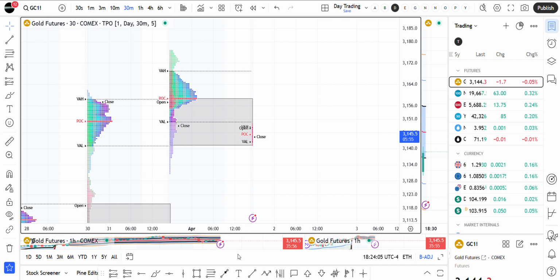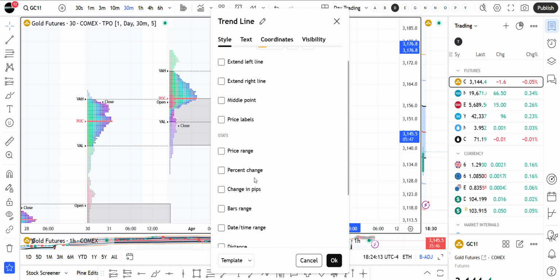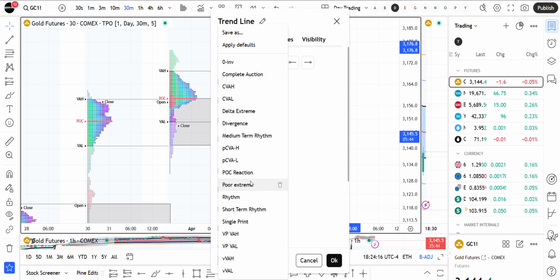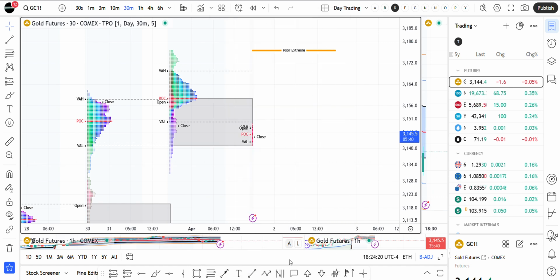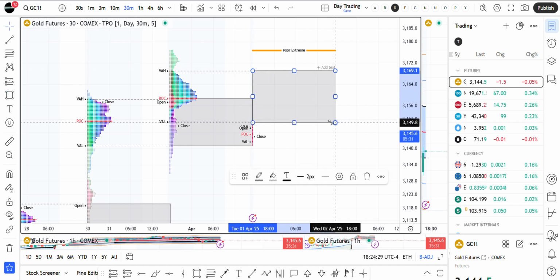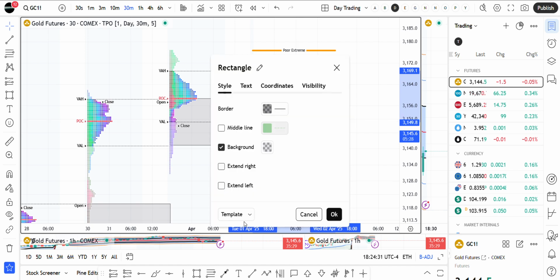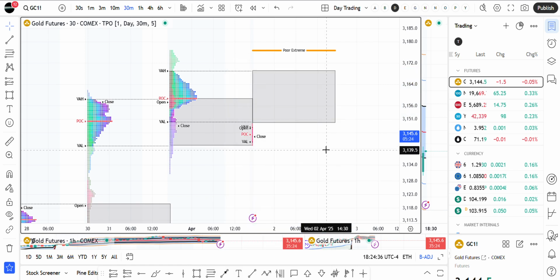Here we've got a poor high again. One is daily profile.